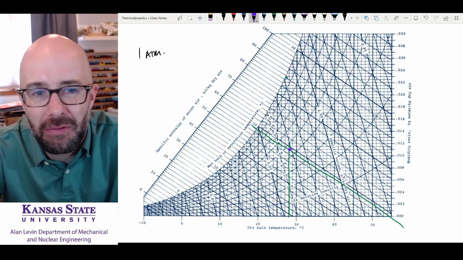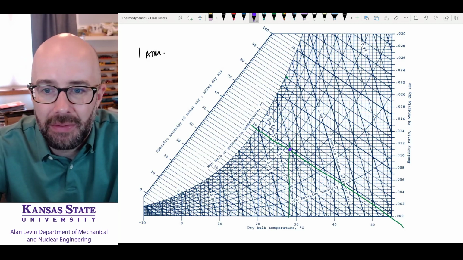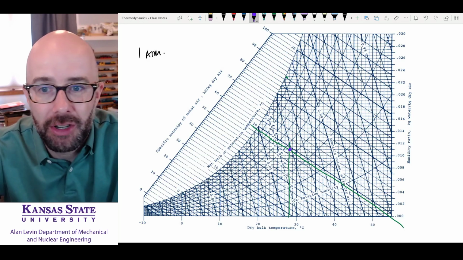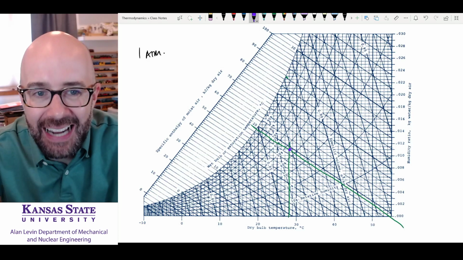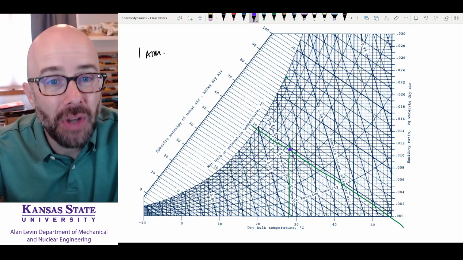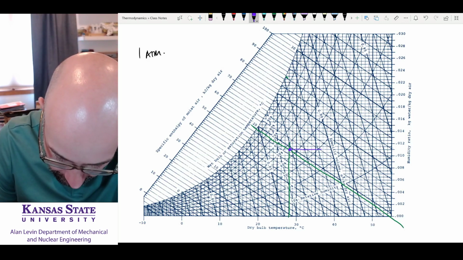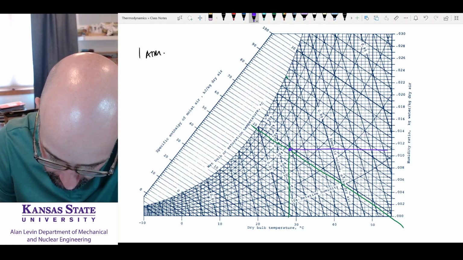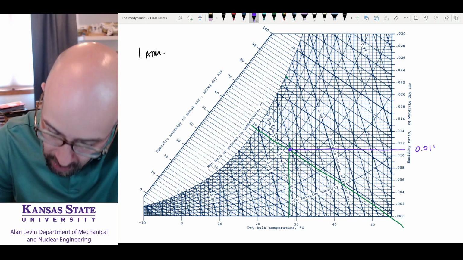Again, there is going to be some variation here because you have to draw with a straight edge, and you're going to be between two numbers. So using the psychrometric chart is not an exact science, but you have to be within a range of values. But what this also can tell me now is, if I go straight over here, I can find out what my humidity ratio is. My humidity ratio is going to be 0.011.